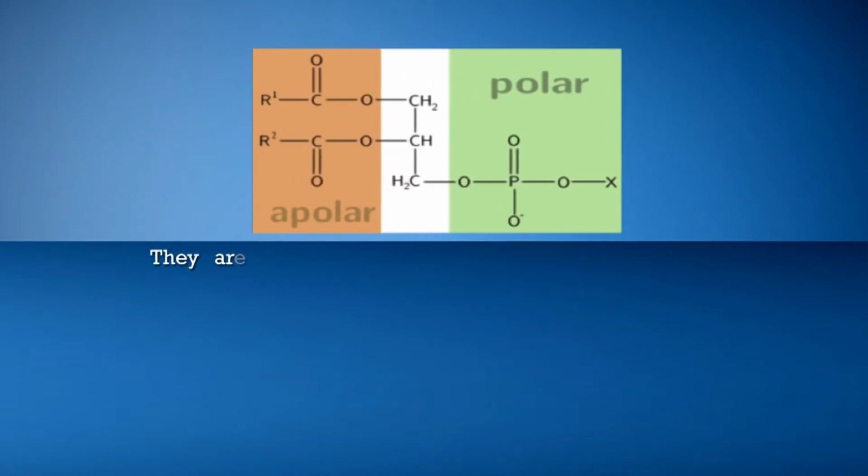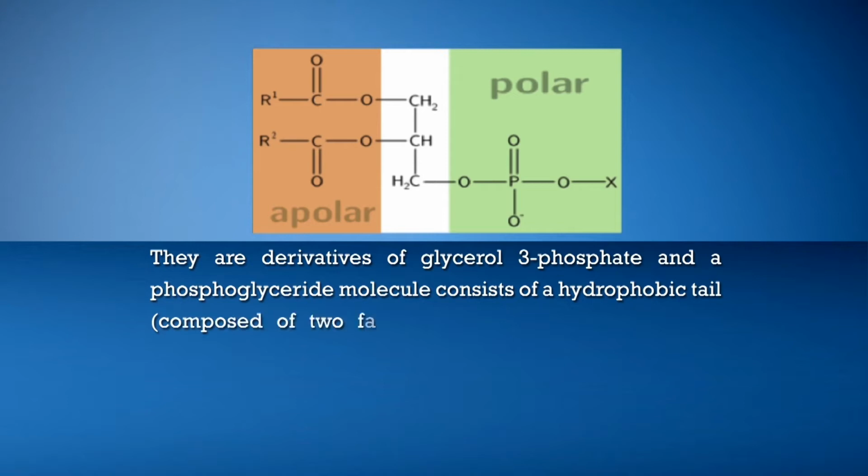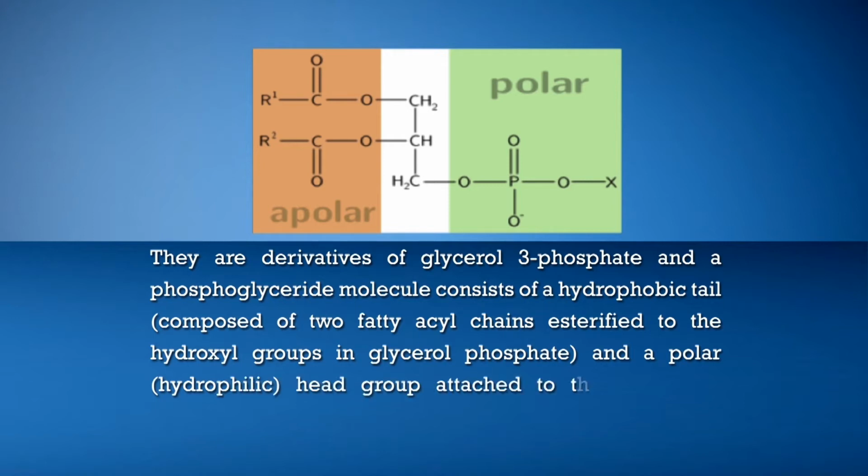They are derivatives of glycerol 3-phosphate, and a phosphoglyceride molecule consists of a hydrophobic tail composed of two fatty acyl chains esterified to the hydroxyl groups in glycerol phosphate, and a polar or hydrophilic head group attached to the phosphate group.